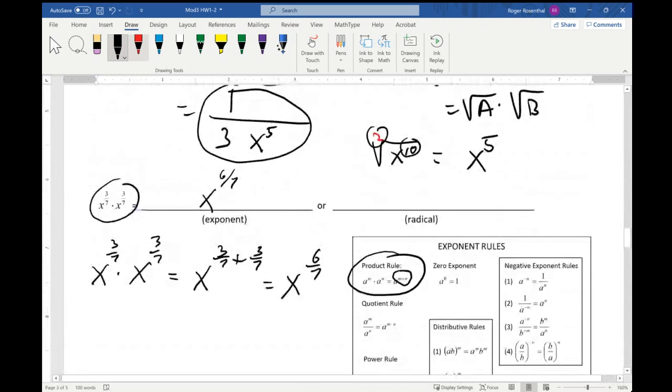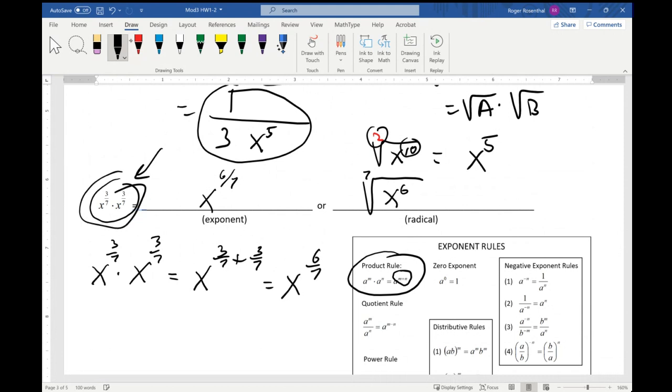So I'm going to rewrite this as a radical. The denominator becomes the index, and the numerator becomes the power. So this is equal to this, and it's also equal to that. They're all the same thing.